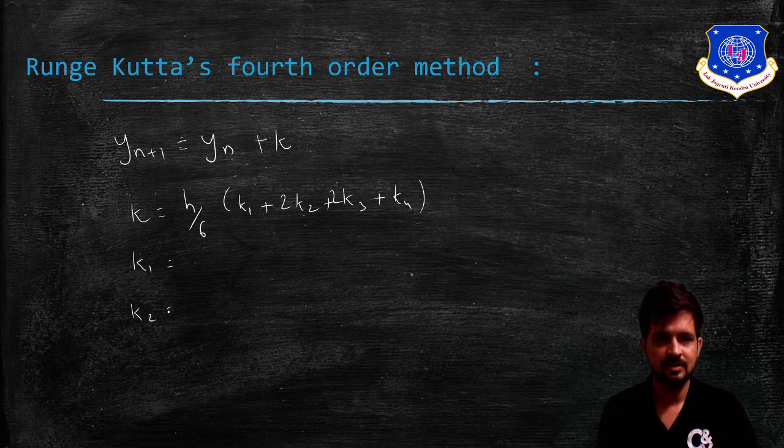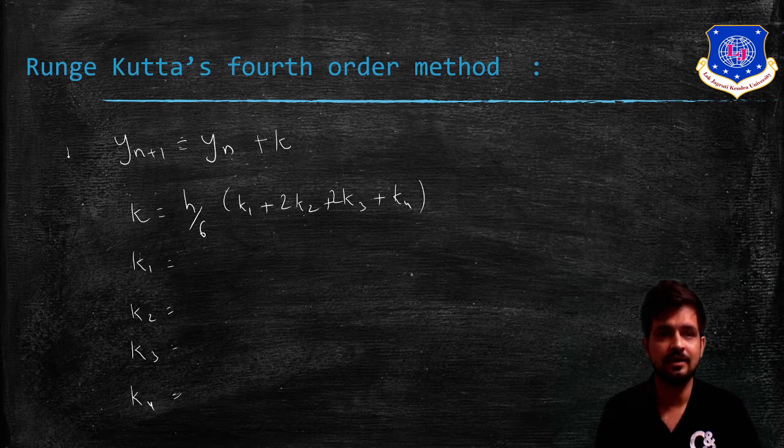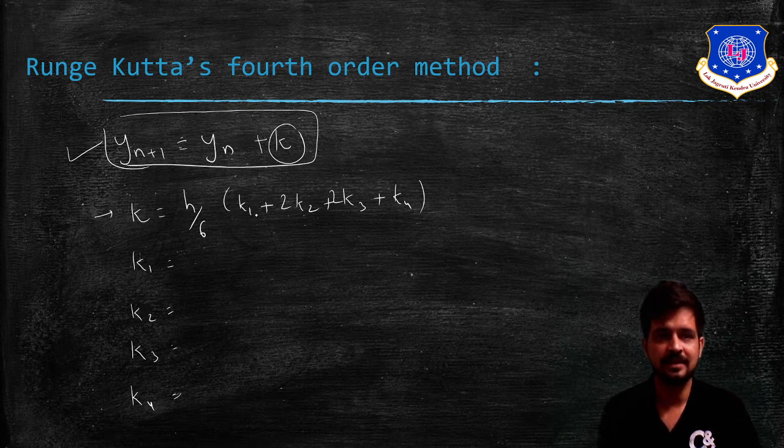Why is it known as fourth order? Because we are taking 4 different slopes. In second order we are taking 2 slopes. In the Runge-Kutta fourth order method, you have to directly remember this. y(n+1) is equal to yn plus k, and this is the formula to find k: h by 6 times k1 plus 2k2 plus 2k3 plus k4.